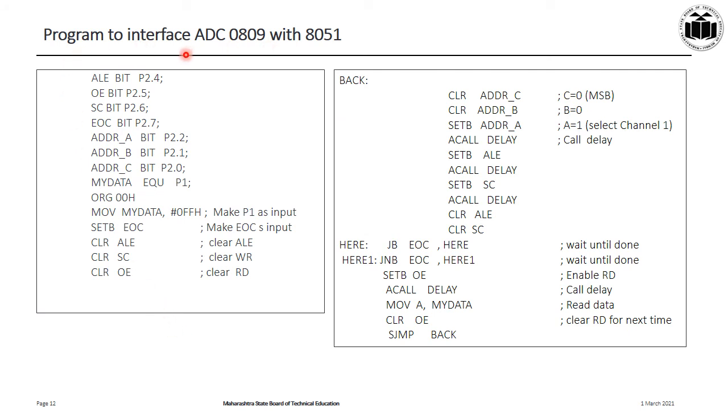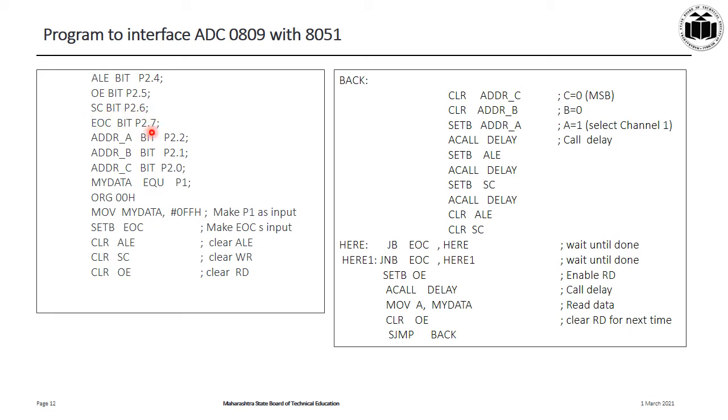This is the program for interfacing of ADC with 8051. These steps are initializing steps. The output enable pin is OE, which is connected to 2.5. Start of conversion is connected on pin 2.6.